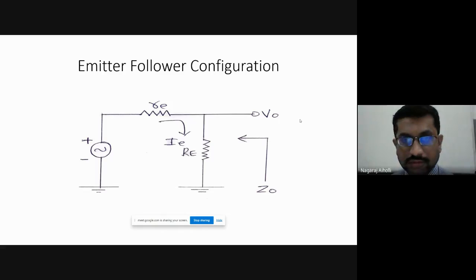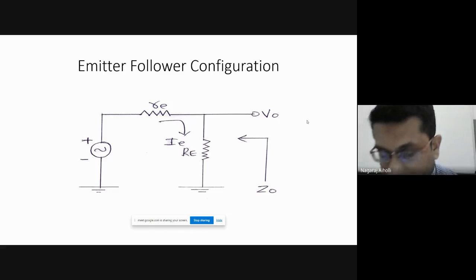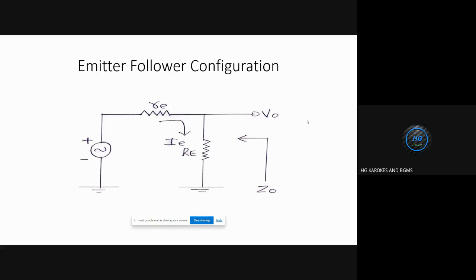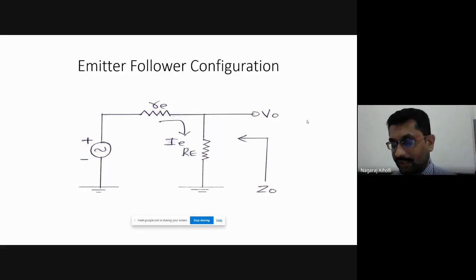So the voltage divider rule is current into resistance of other circuit divided by total resistance. No, that is the current divider rule you are telling. Voltage divider rule I am asking. Okay. Voltage divider rule is main voltage.